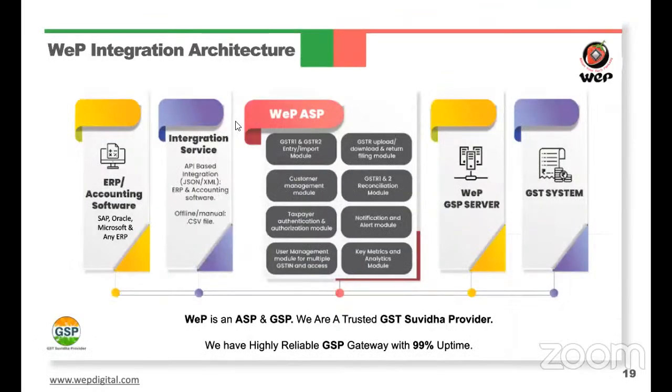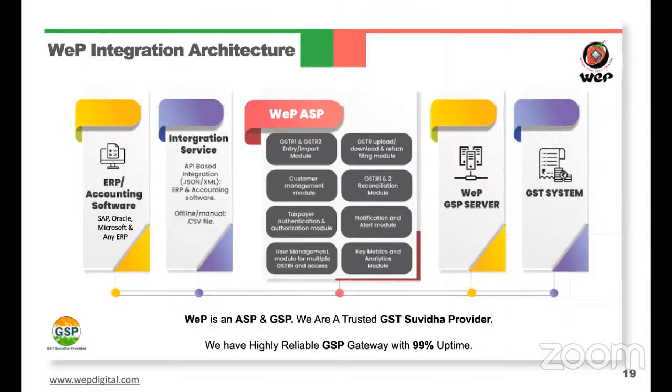Now moving to the web architecture. As you can see, we have an ASP and a GSP. ASP means we have built our own application, which is connected to the GSP server. Our GSP server is also connected to the GST system, the government portal itself. So whatever you do in the platform will first go to the GSP server and then to the GST system.